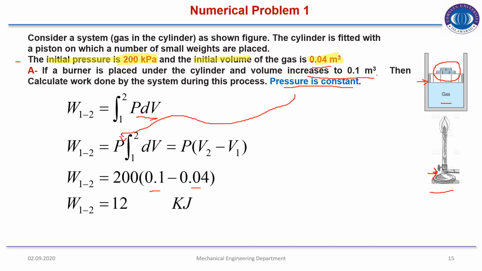So final minus initial volume, 0.1 minus 0.04. The initial pressure was given. So work done is 12 kilojoule. You have to be very careful with the unit as well. If the pressure is in kilopascal, the unit is kilojoule.